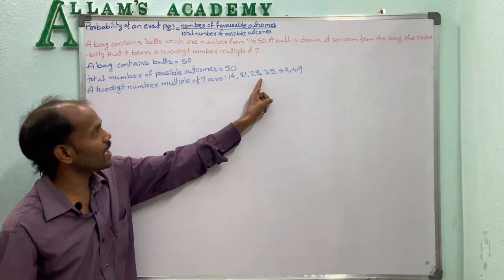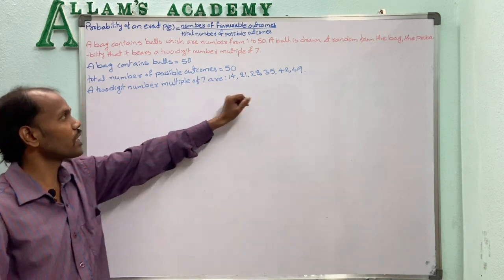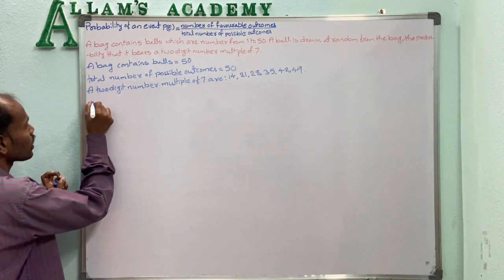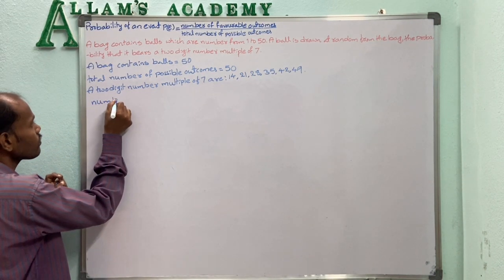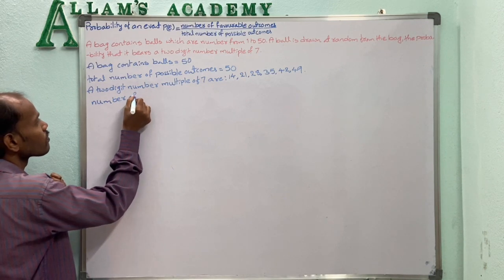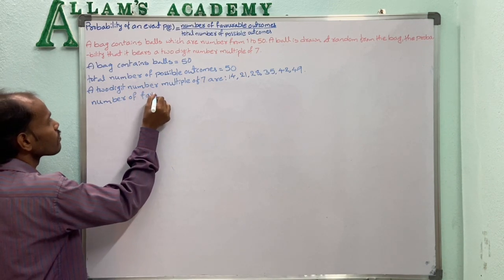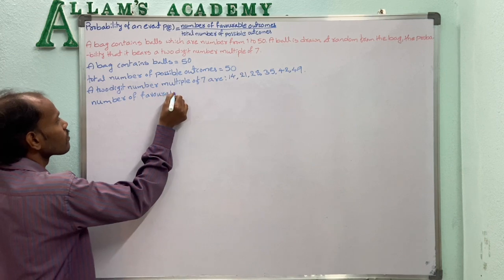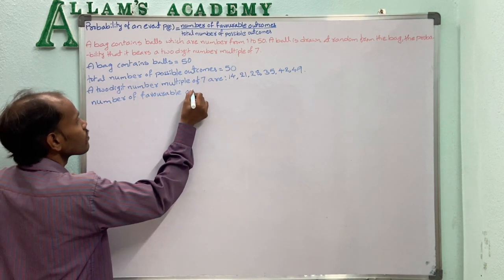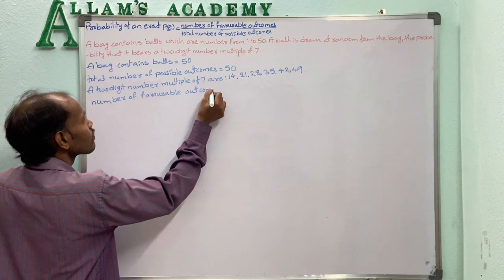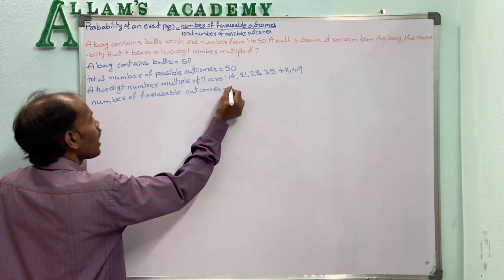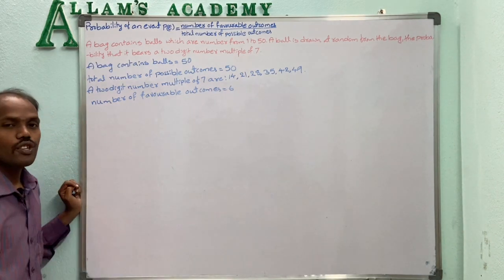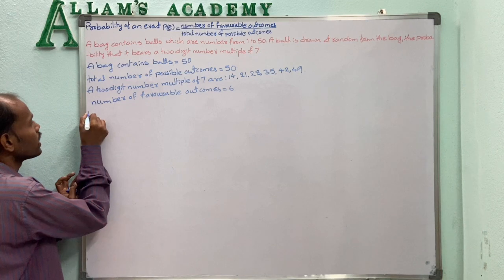Now how many are they? 6. So the number of favorable outcomes are 6.